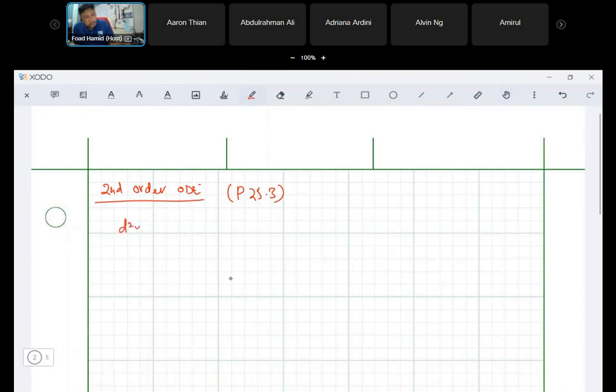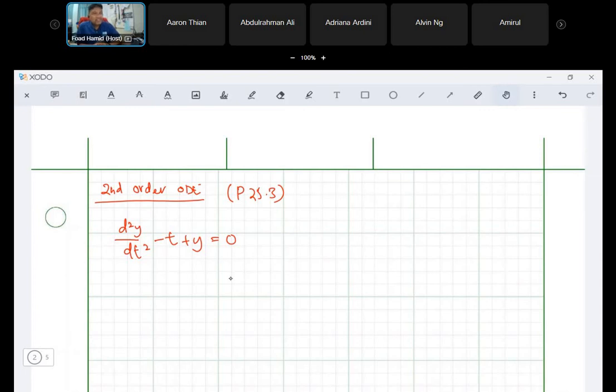The equation is d squared y dt squared. Definitely this is a second order ODE, right? Why? Because the highest derivative in this question is the second derivative.